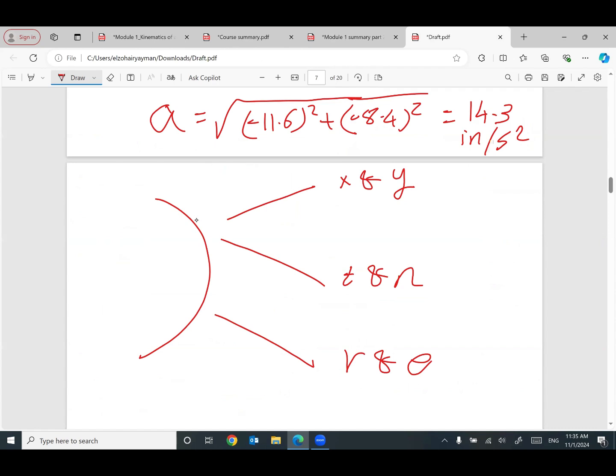All of them are talking about curvilinear motion, the motion in a curve. But we have different systems of components: XY, which is called rectangular components, tangent and normal components, and cylindrical components, R and theta.